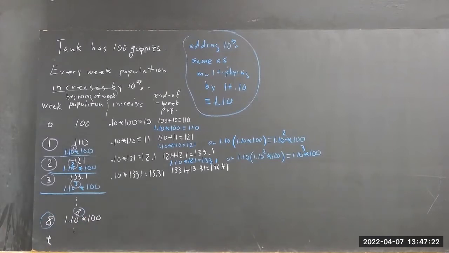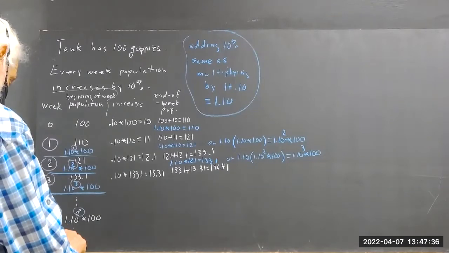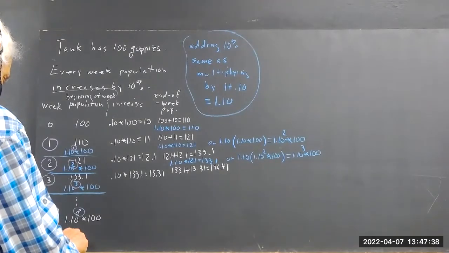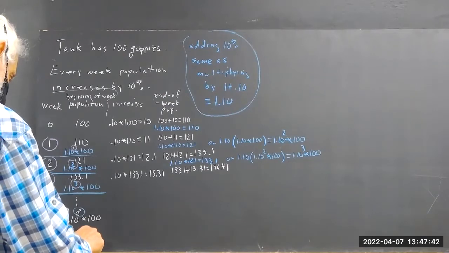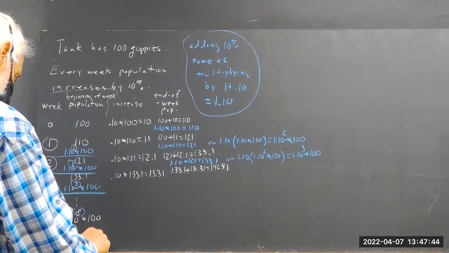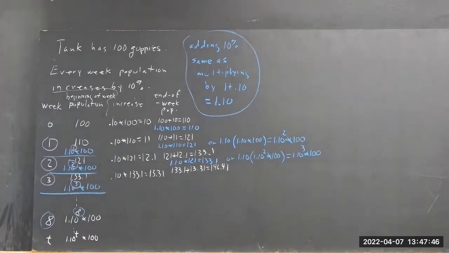So what would you have after t weeks? Well, t is the number of times you multiply by 1.10. Every week you increase the population by 10%, you multiply by 1.10. Okay.